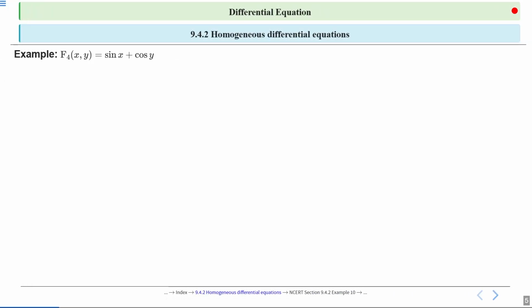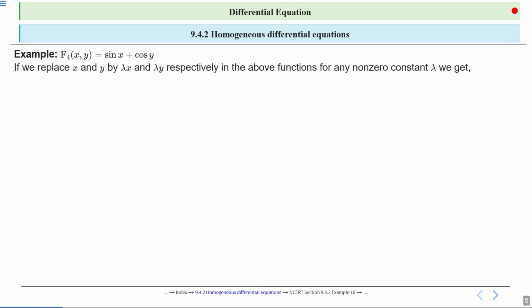Another example is f4(x, y) is equal to sin x plus cos y. Okay, and to check if it is a homogeneous function or not, we just replace x and y by λx and λy, where λ is any non-zero constant. So f4(λx, λy), when we replace x and y by λx and λy, we get sin λx plus cos λy.